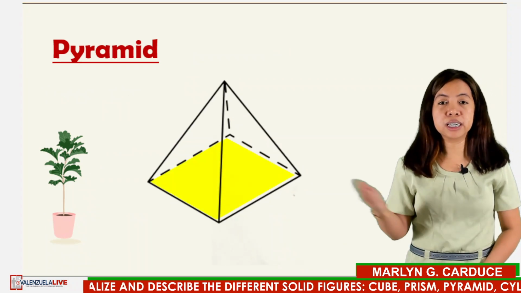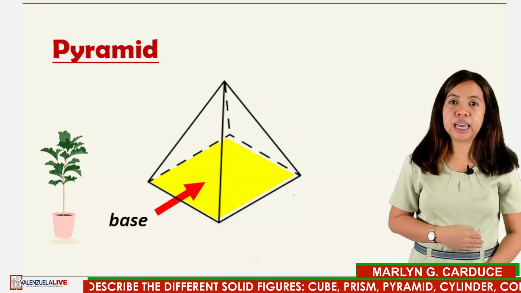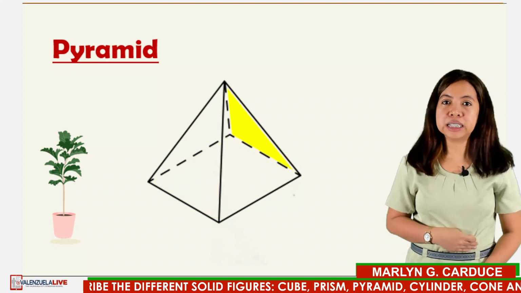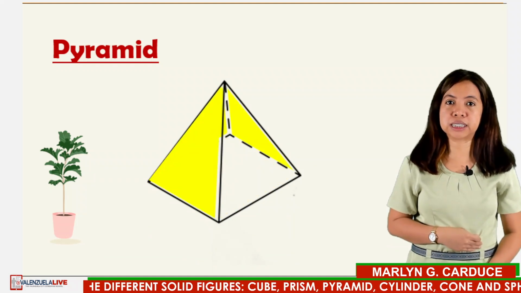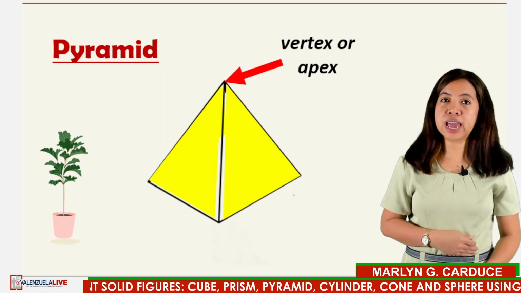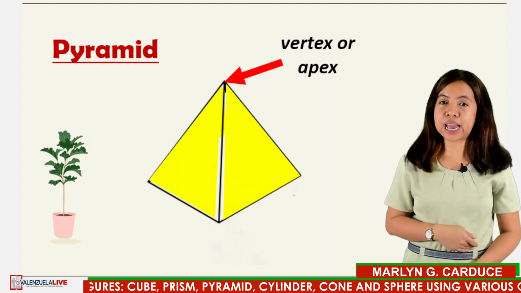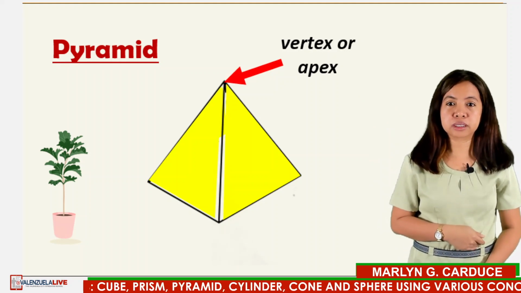As you can see, it has a base that is a polygon, and it has triangular faces. And it also has a common vertex, also called an apex.